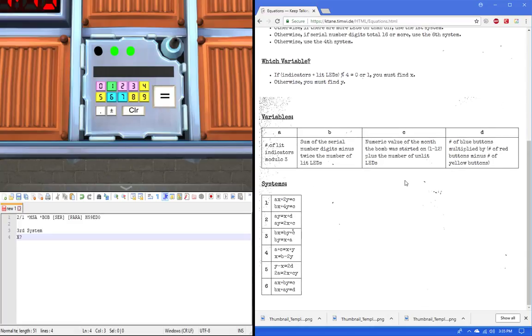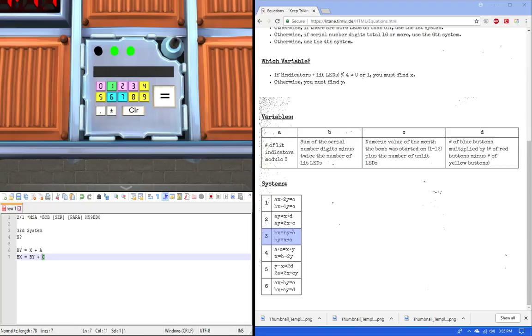And then you have these variables, which you might not use all of them. So, using the third system, we have to find x, and these are our 2 equations. If you do a little bit of algebra here, taking some notes, we can do some substitutions. So, you know by is equal to x plus a. And we have bx is equal to by plus c.